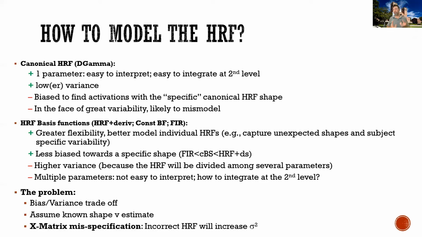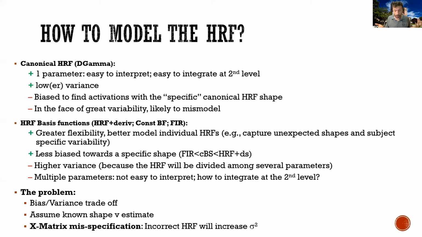So finally, to bring this together, the problem is the usual problem of bias-variance trade-off, as always in statistics. You can either assume that you know what somebody's shape looks like, and if you do that, you're biased, but typically you get less variance. Or you can say, let's estimate it.